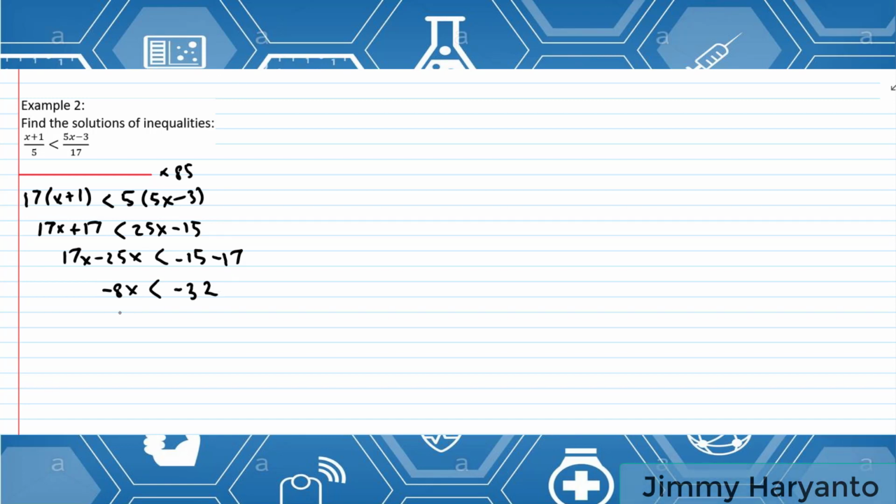Then we can divide them all by negative 8 to eliminate the negative 8. So x will be greater than 4. Negative 32 divided by negative 8 equals 4. Because it's divided by a negative number, the sign is changed.